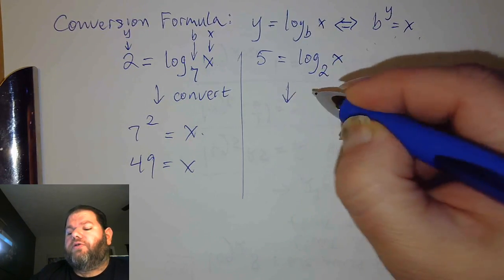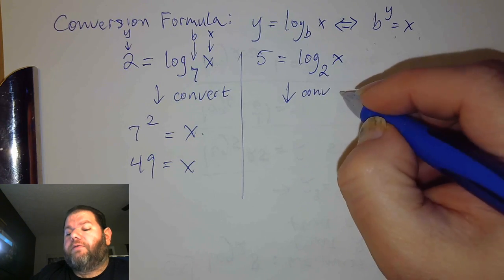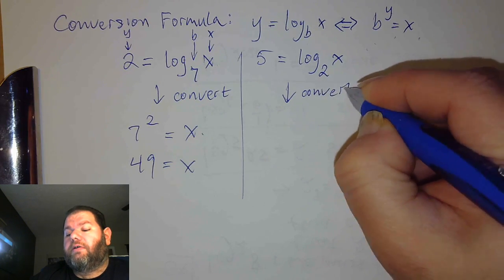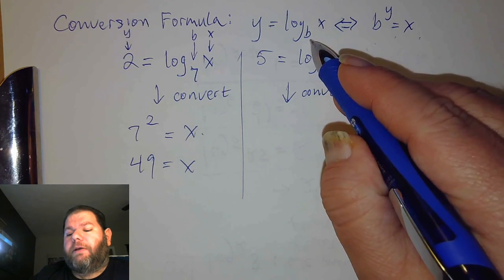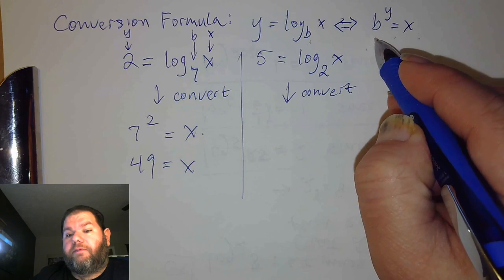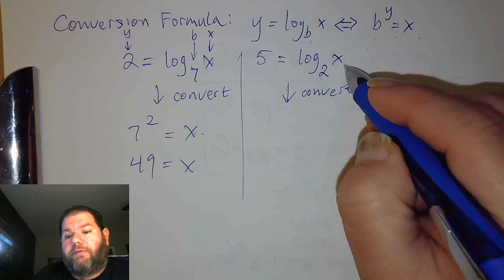Okay, what would our conversion of 5 equals log base 2 of x be? You'll have that formula provided for you, so no need to worry about that. b is referred to as the base in both the log form and the exponent form. 2 to the 5 equals x.